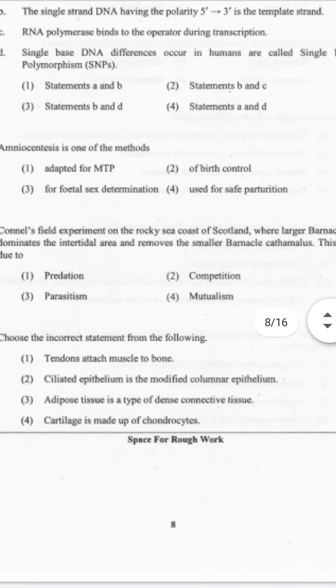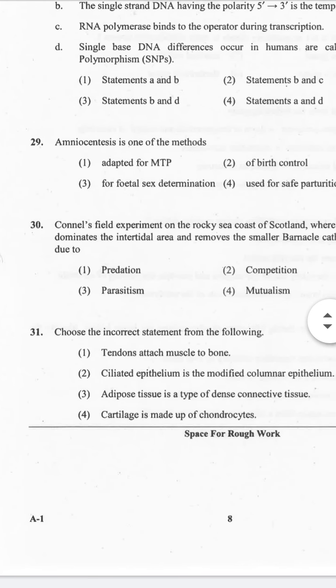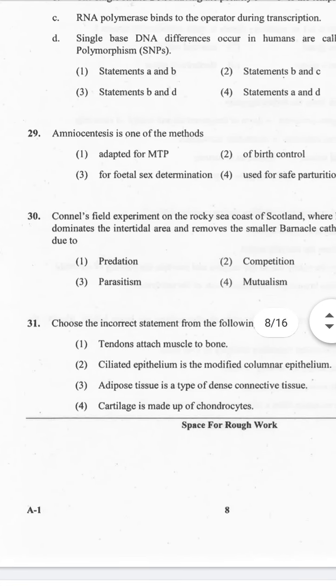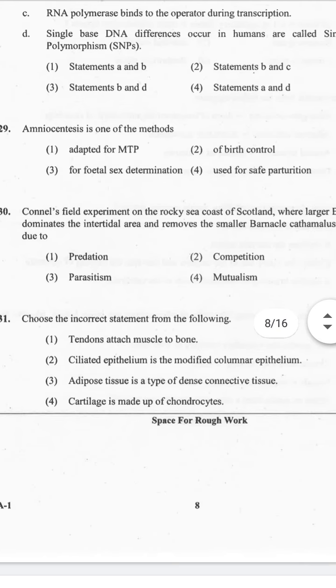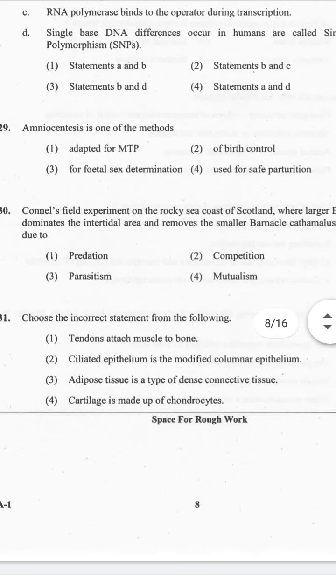This happened due to option 1 predation, option 2 competition, 3 parasitism, 4 mutualism. The correct answer is option 2, competition.